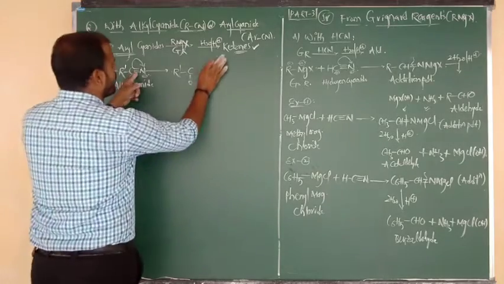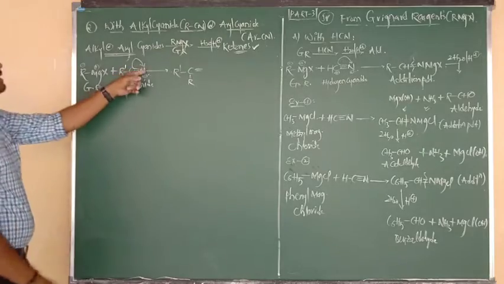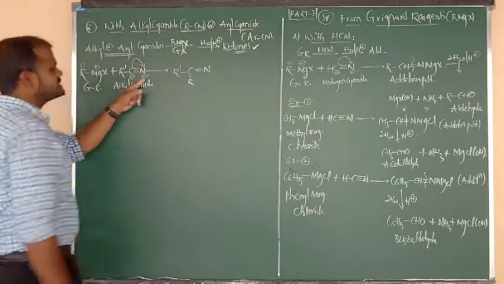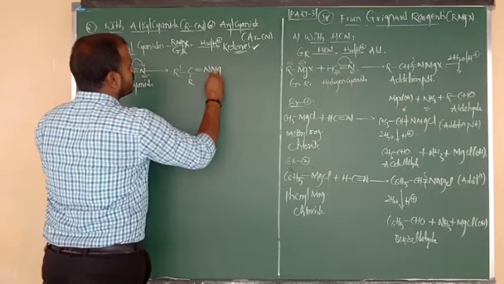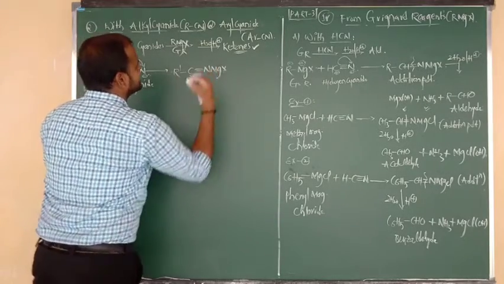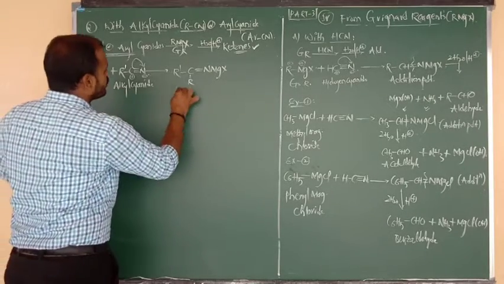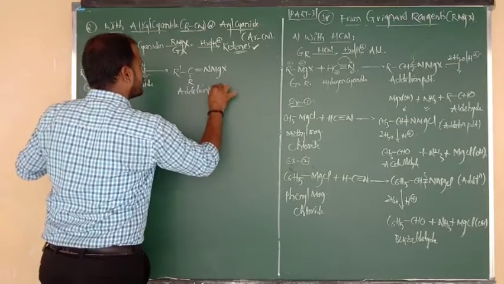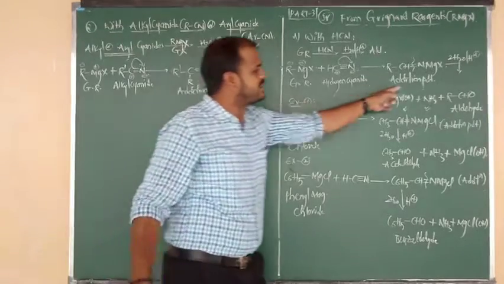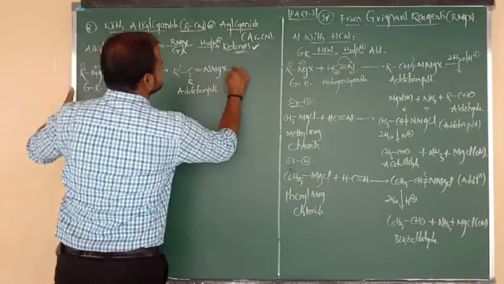After shifting of that pi bond, the triple bond becomes a double bond connected to nitrogen. Nitrogen is negative, attacked by positive, so nitrogen is attacked by MgX. So this is the addition product, followed by hydrolysis.